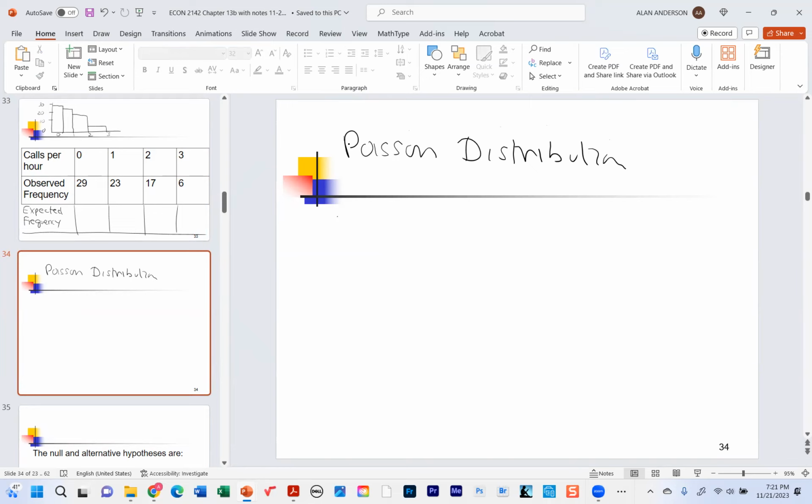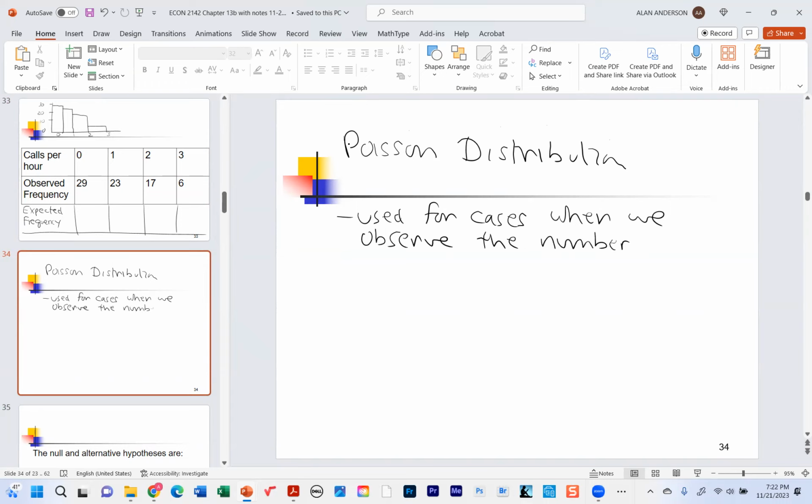This is used for cases when we are observing the number of events that occur per unit of time.